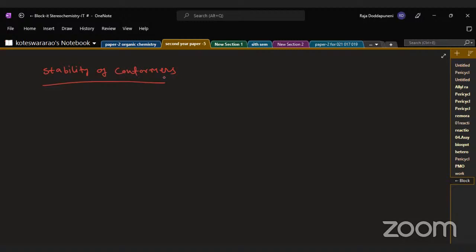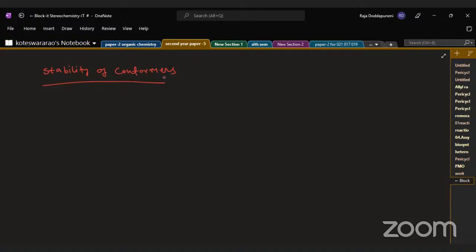Now, the energy of a conformation is influenced, among other things, by torsional strains, van der Waals repulsions, dipole repulsions, and intramolecular hydrogen bonds. Once you consider the conformation structure, it is a stable conformer.